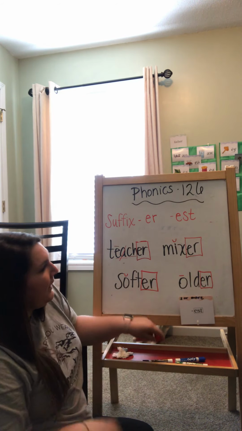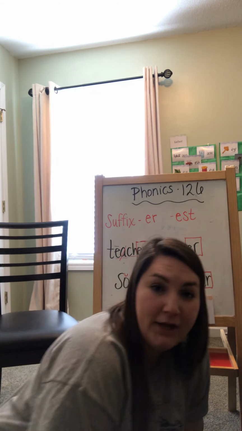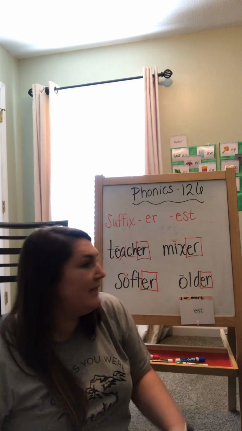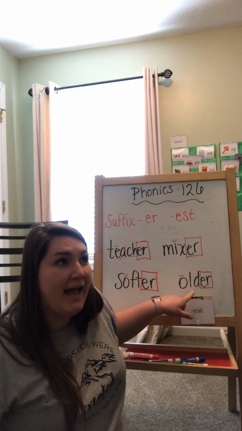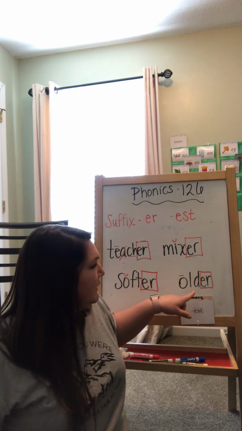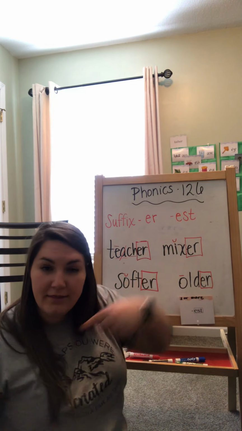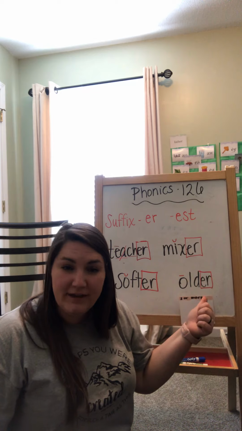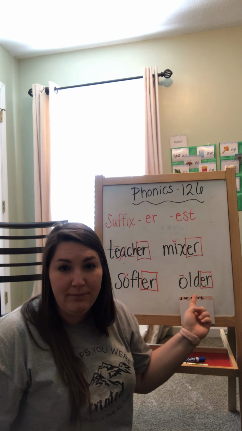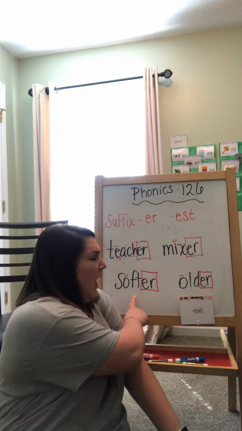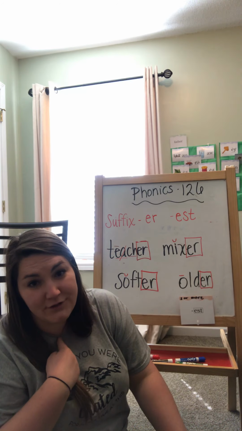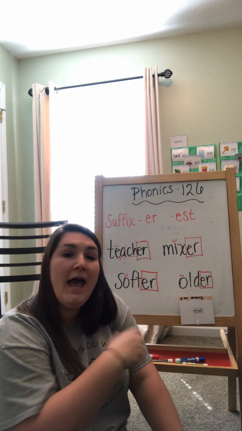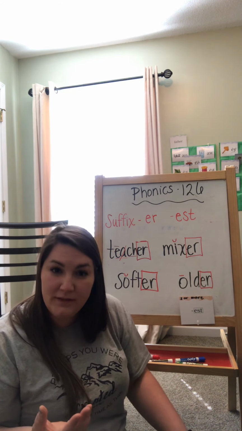Now, when I'm talking about comparing, what I mean is, I might say, my sister is older than me. I'm comparing our age. So the suffix er can mean that I'm comparing. Or I might say, my pillow is softer than yours. I'm comparing the softness of the pillow.